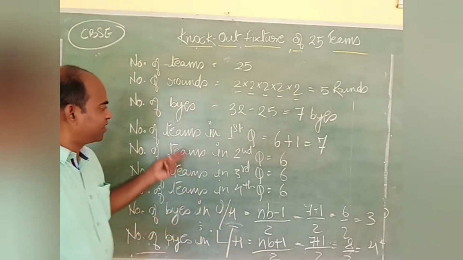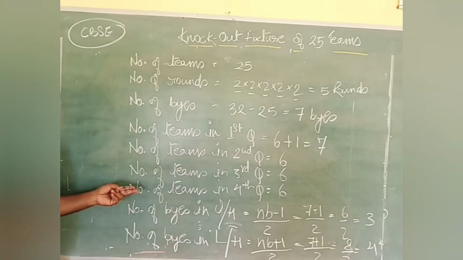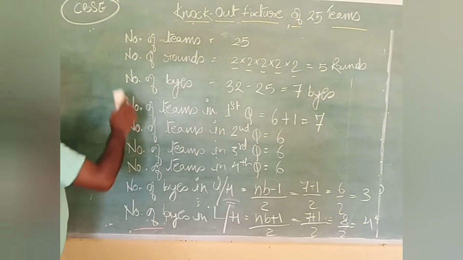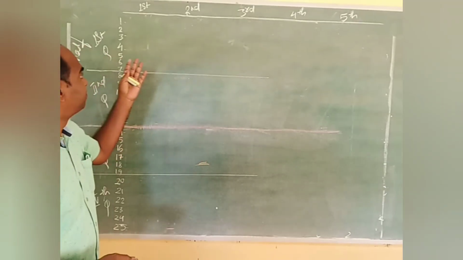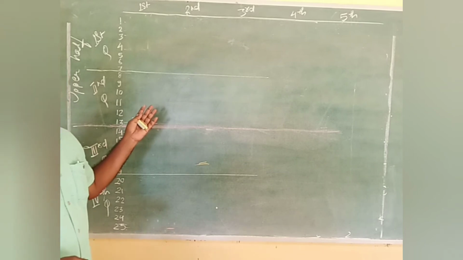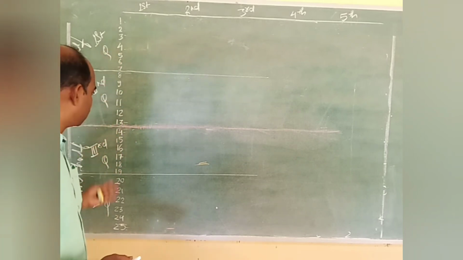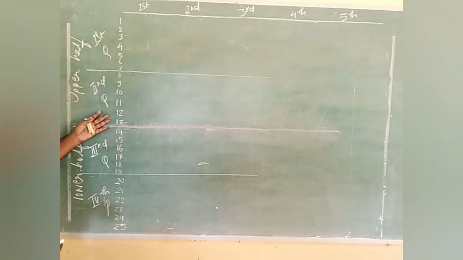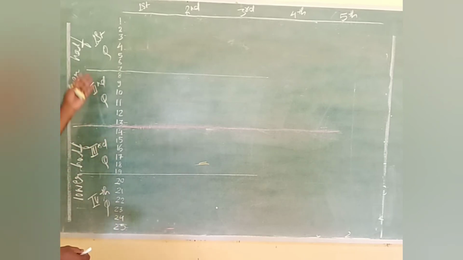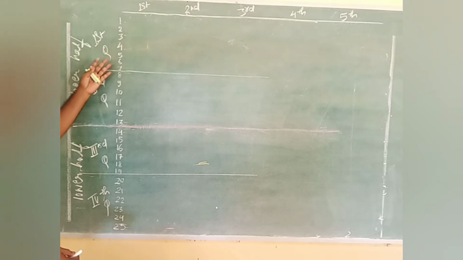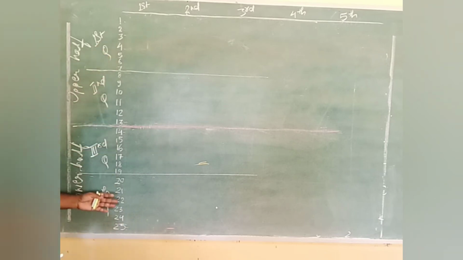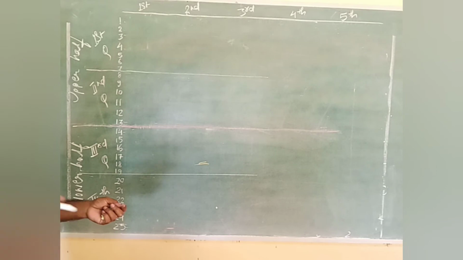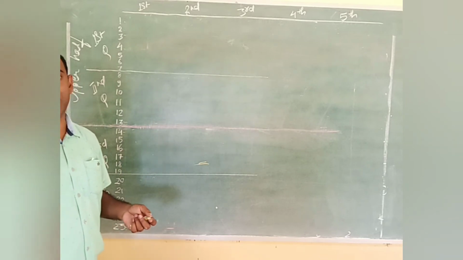Okay, I am rubbing this one so that I can make the fixture. 25 teams are there. So 25 teams are divided in 4 quarters. There are 13 teams in upper half, 12 teams in lower half. In the first quarter there will be 7 teams, then 6, 6 and 6. Now the next step is giving them byes.